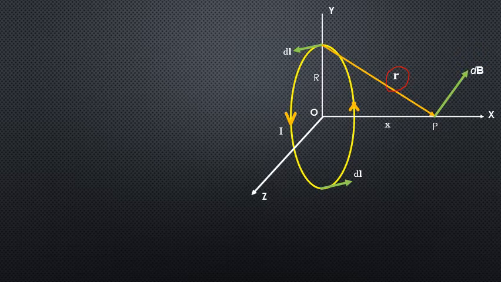Now the magnetic field dB due to the small current element dl is shown here, and its direction is also shown here. This is the magnetic field dB.